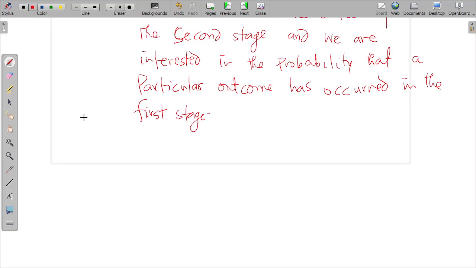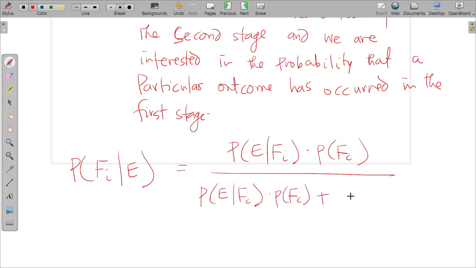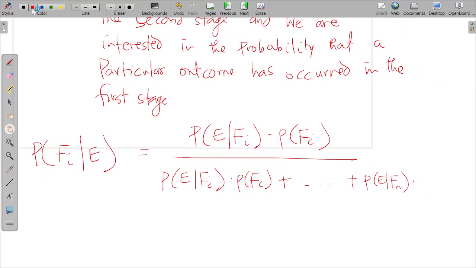Recall in the last one we did that we have Fi given E, and then we said the probability of E given Fi multiplied by probability of Fi, all over the sum of the Fi, E given Fi multiplied by probability of Fi, then plus the other side up to whatever value of n that we have, probability of E given Fn multiplied by probability of Fn.